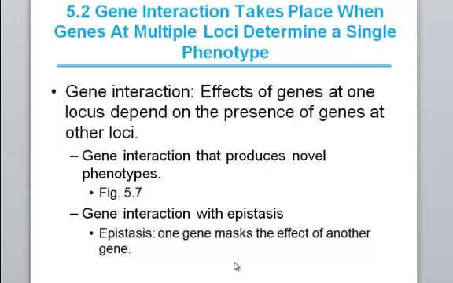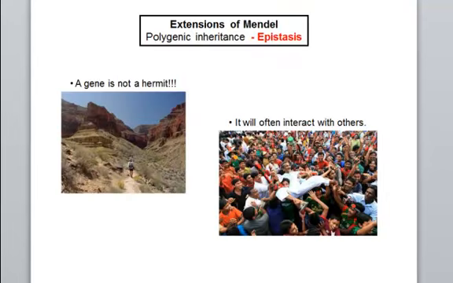So we say that the interaction between these two genes is an epistatic interaction. The main concept to keep in mind here is that no gene is ever acting alone. It often depends on other genes in order to do its job.